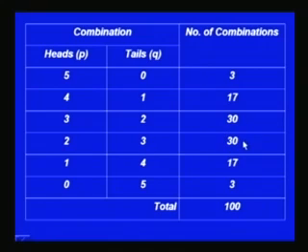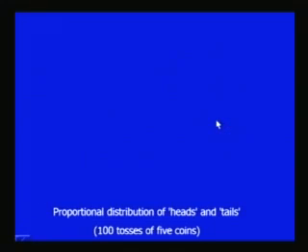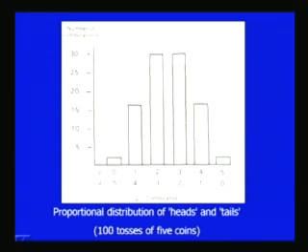This distribution is seen in this diagram, indicating the different combinations on the x axis and the number of observations for a particular combination. Here 0 heads and 5 tails occur 3 times, and 0 tails and 5 heads 3 times.